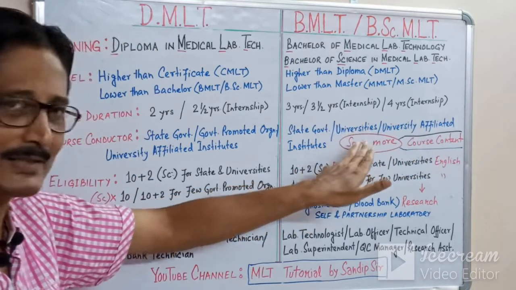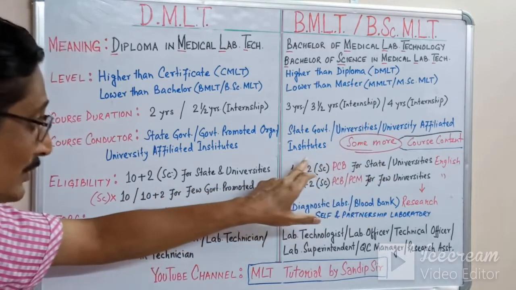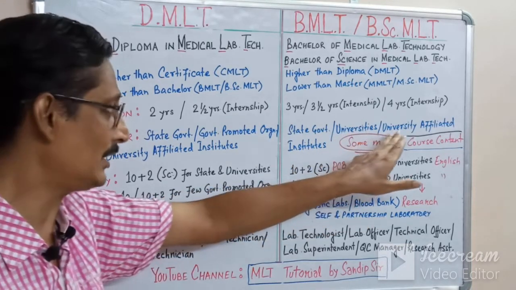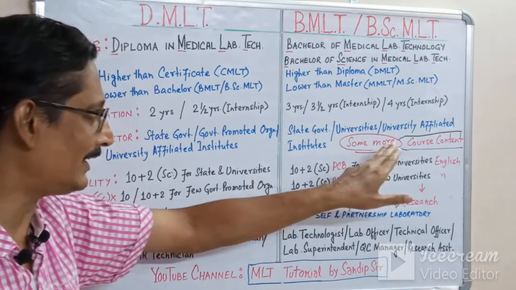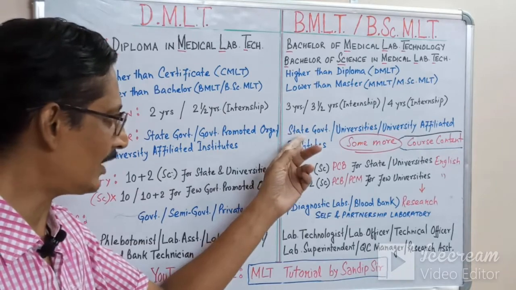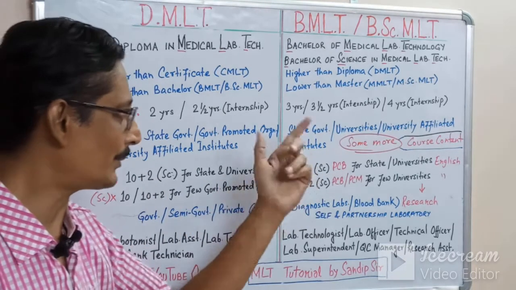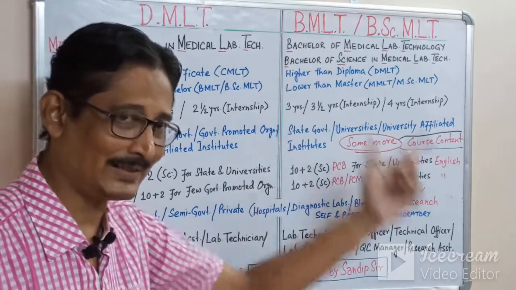Some private universities conduct this course in their campus only, and the state universities generally do it through their affiliated institutes, because the state government technical council is not supposed to provide the bachelor degree.